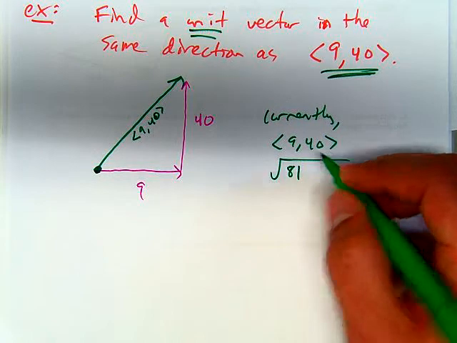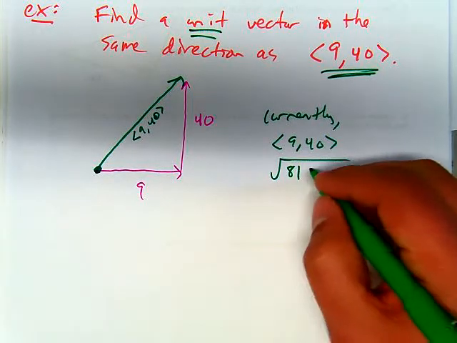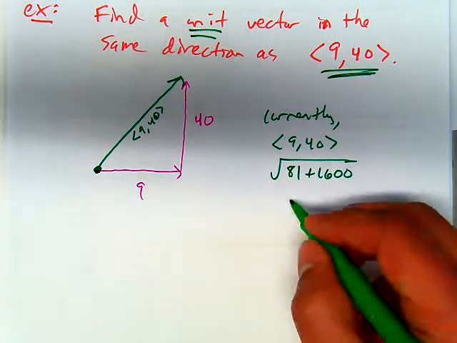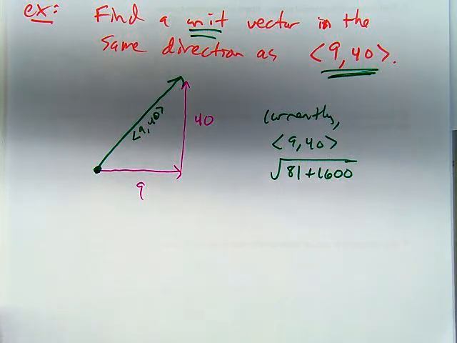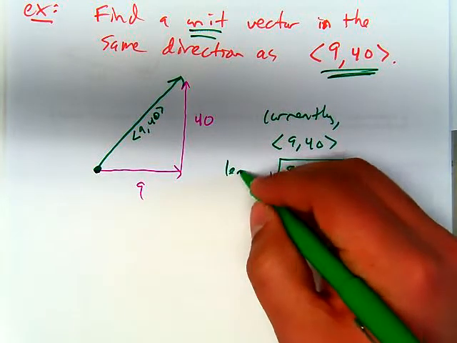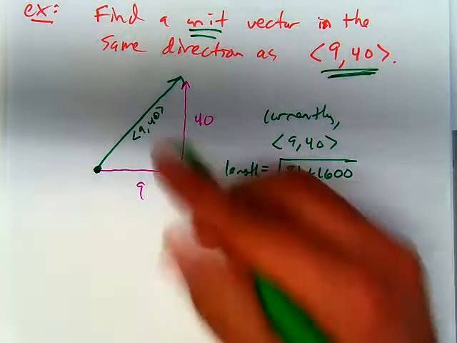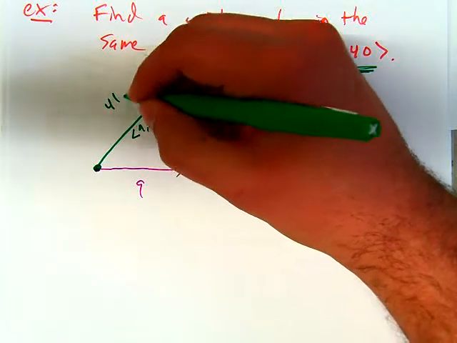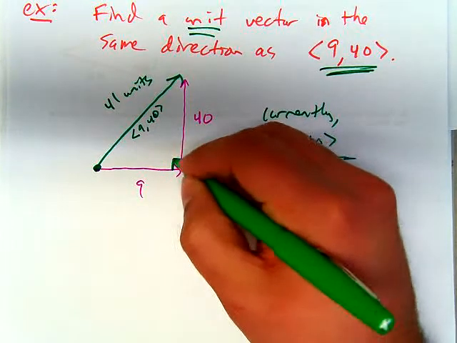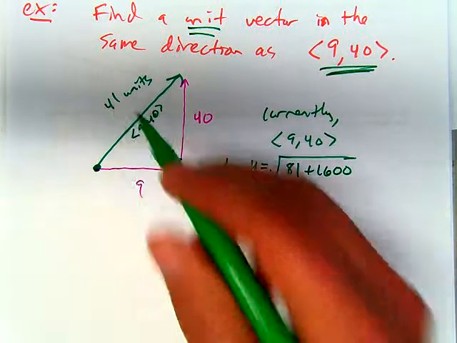If I square 40, you get 1600. If I add that up and take the square root, actually I think that's a Pythagorean triple if I'm not mistaken, you get that the length is 41. So currently this vector here is 41 units long. And you've seen this picture before, right triangle, 9, 40, 41 units long for the hypotenuse.